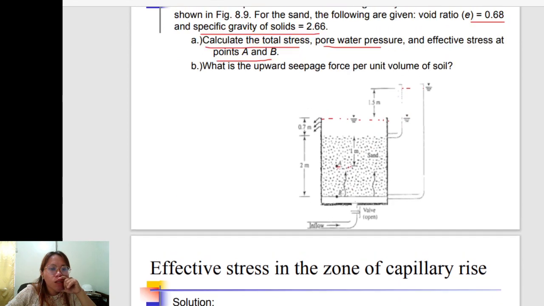Times 9.81. So, you have here the water, 1 plus 0.7 times 9.81 plus 1.5 divided by 2.